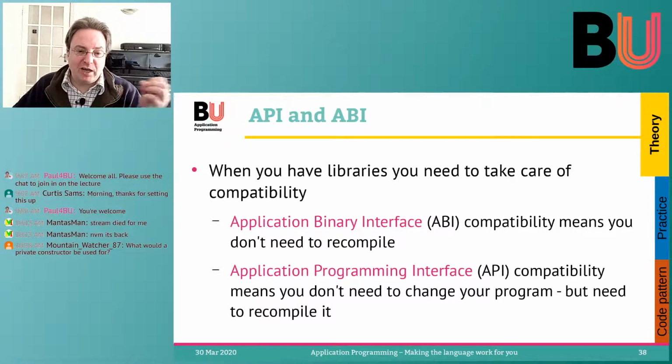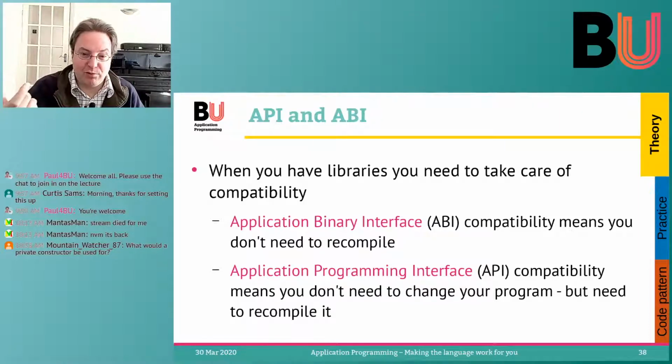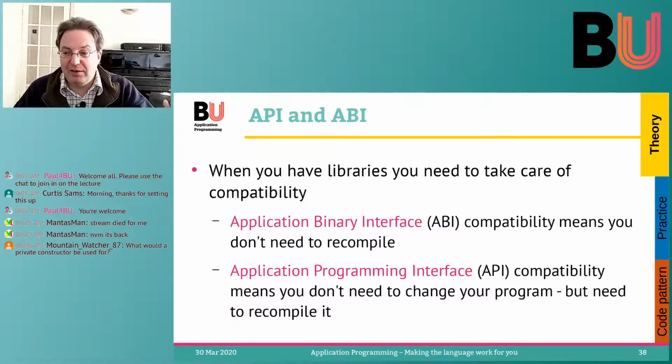So for example, if you went from a free factory function to a companion factory function, that would not change your source code compatibility, but it would change your binary compatibility, because the function is actually defined on the companion or on the file class.